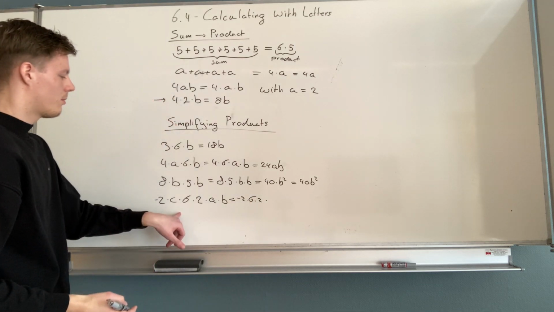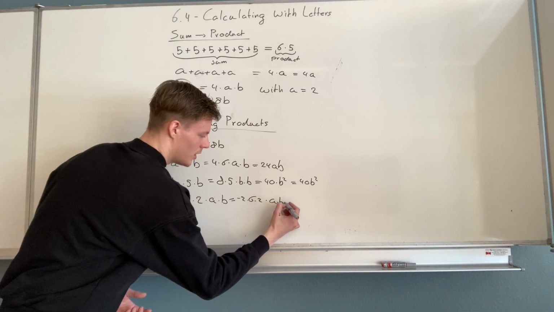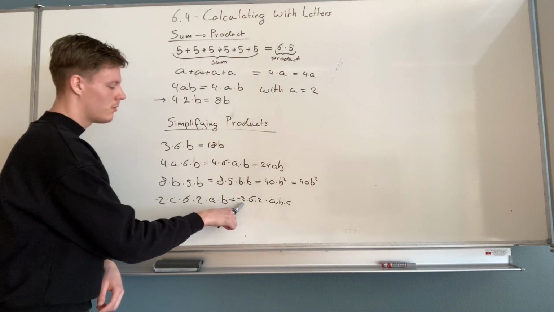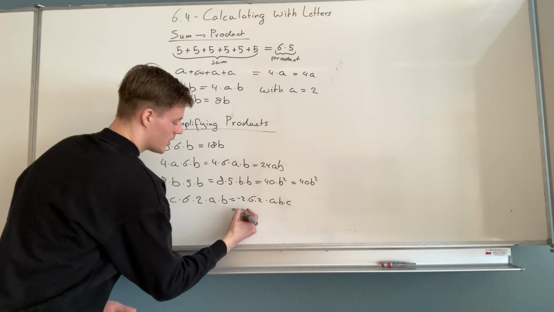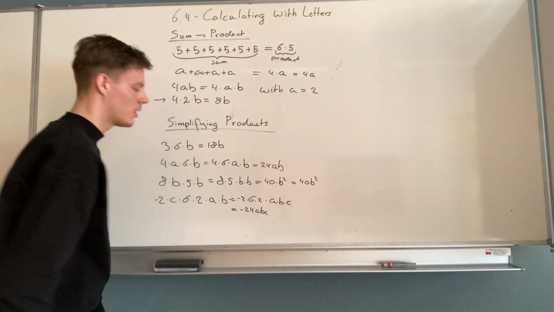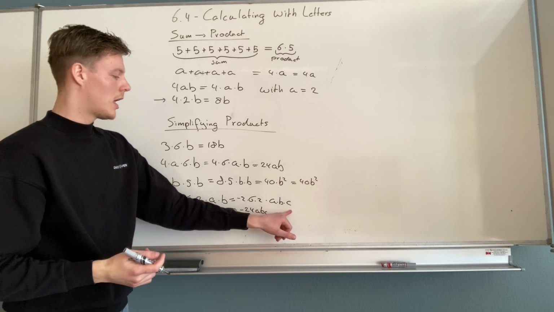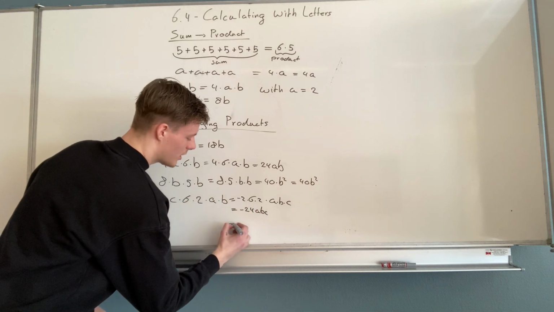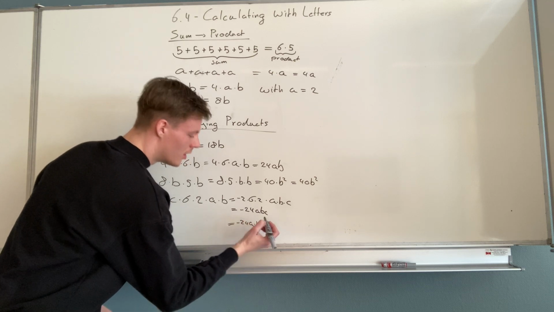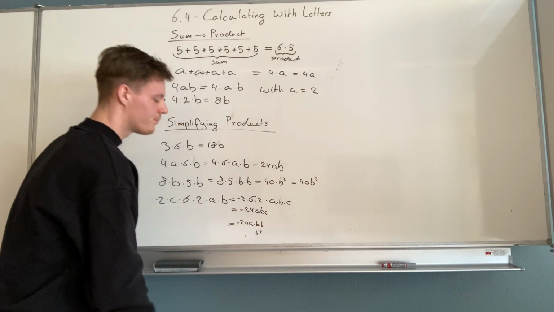And then we write the letters in alphabetical order, which gives us A times B times C. Well, if we simplify this, we get -4 times 6, which gives us -24ABC. We can't simplify the letters any further, but maybe if you have this example, -24 A times B, you can have, instead of B times B, you can have B squared.